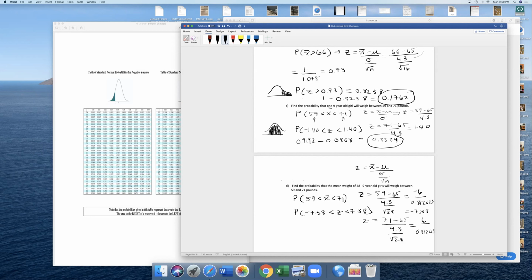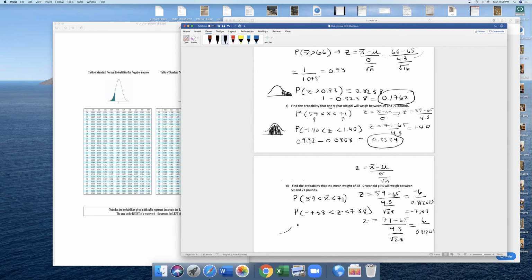So the probability that their weight is going to be so high is, again, pretty far removed from the mean. Here we're saying that this group of 28 kids are 7.38 standard deviations away from the mean. So this is a particularly large group of 9-year-olds, and they're really far away from the mean. And this is a particularly small group of 9-year-olds, and they're also sufficiently far away from the mean.